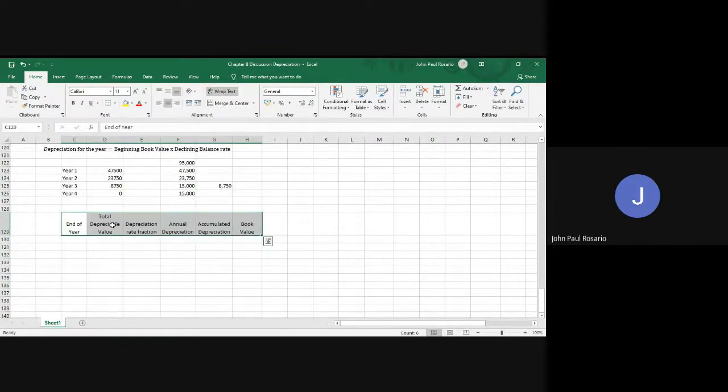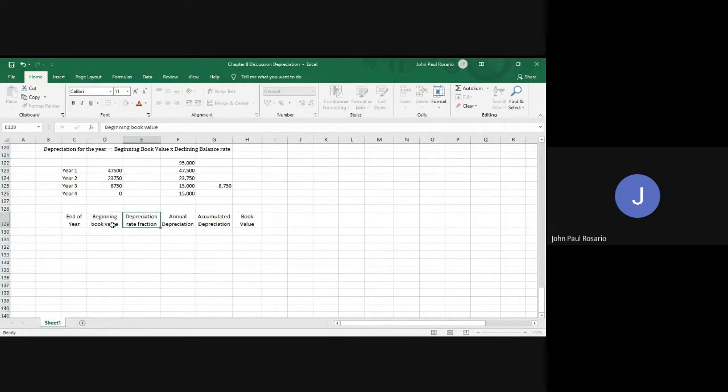So end of the year, then the second one is beginning book value, then the depreciation rate. Then we have our depreciation for the year or annual depreciation, accumulated depreciation, and ending book value.